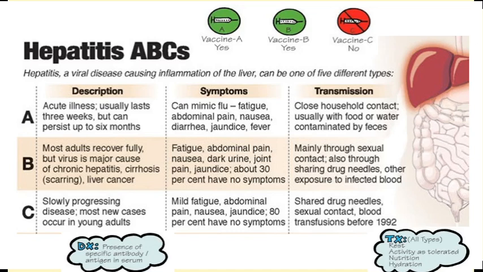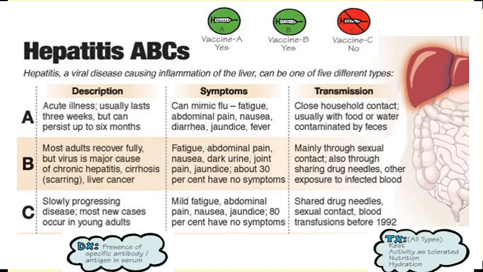Let's talk about hepatitis B. Hepatitis B, most adults recover fully, but the virus is a major cause of chronic liver disease. It causes scarring, and that's cirrhosis, and it can also cause liver cancer. So B is more severe. Hepatitis B cannot be cured. Symptoms include fatigue, abdominal pain, nausea, dark urine, joint pain, and jaundice, and about 30% actually don't have any symptoms at all.